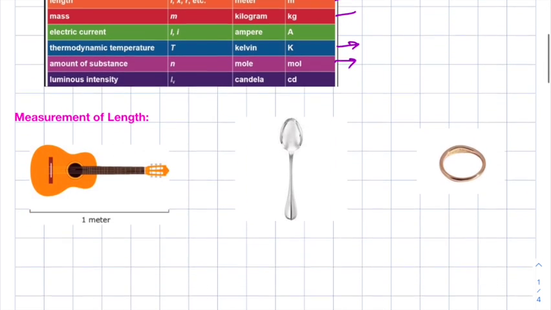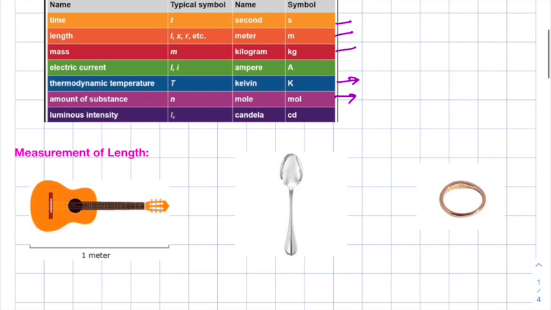So, the measurement of length. Length is normally measured in meter, but you can use a smaller unit to measure smaller things. For example, if you are measuring the length of the guitar using the meter, my guitar length is 1 meter.